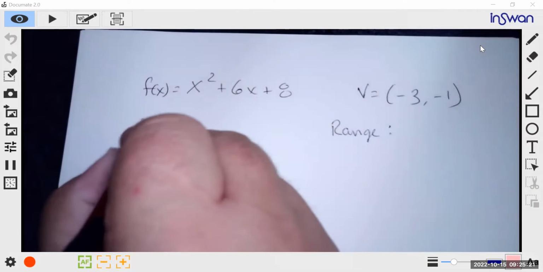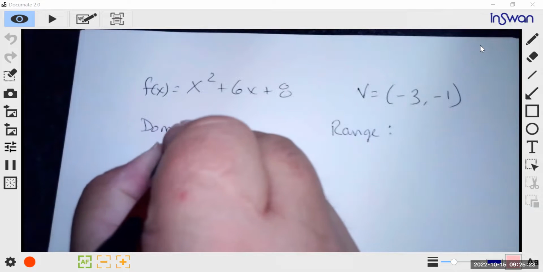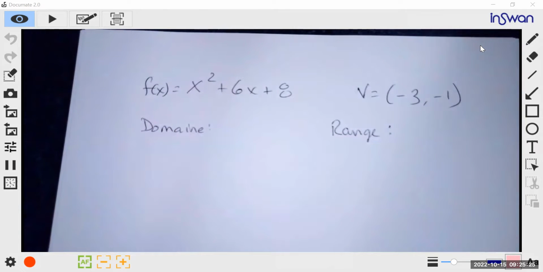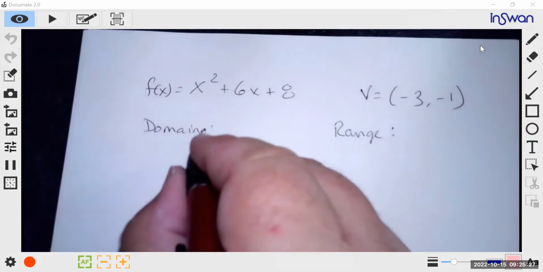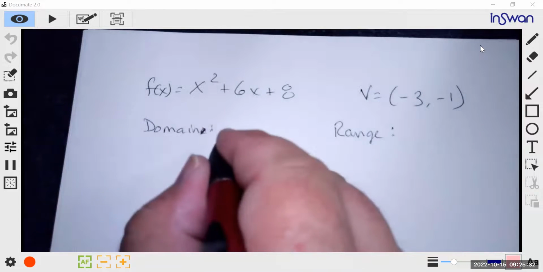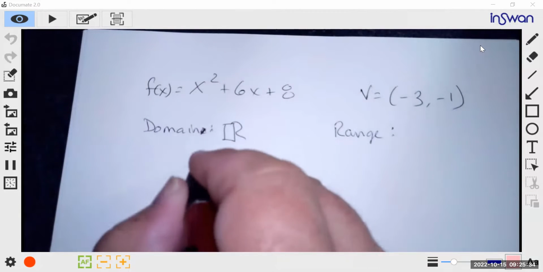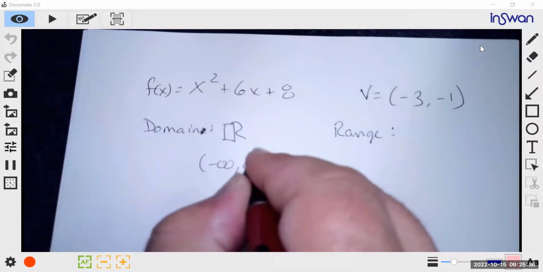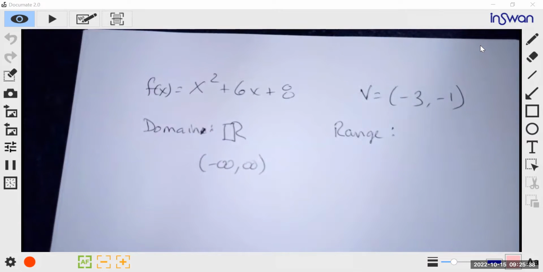Also, what's the domain? Remember, domain will be all real numbers, in other words, from negative infinity to positive infinity. What's the range?